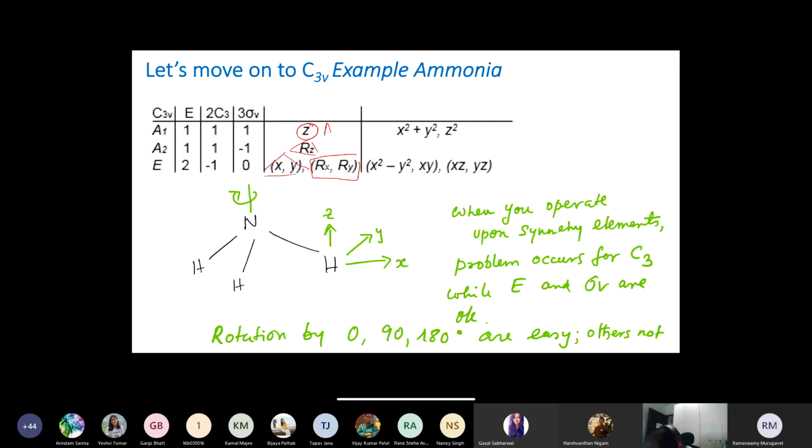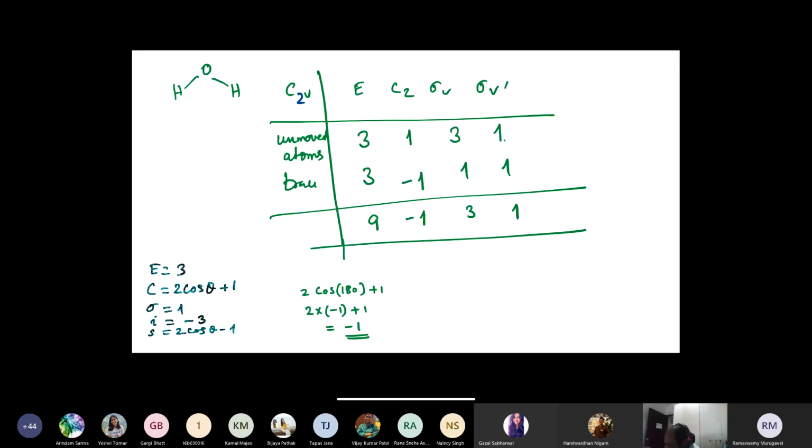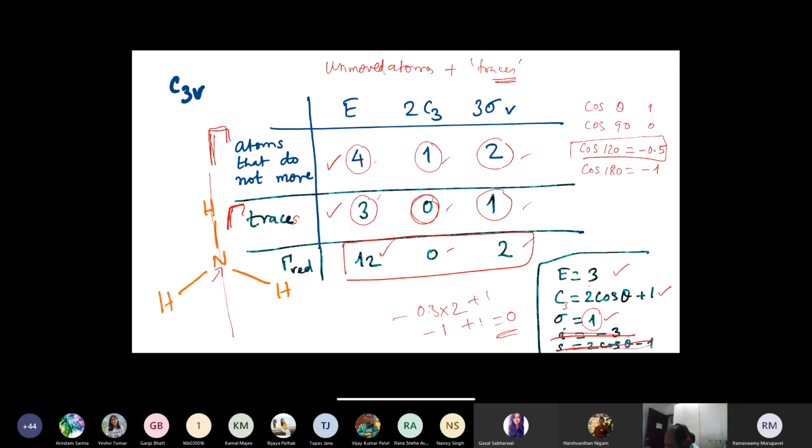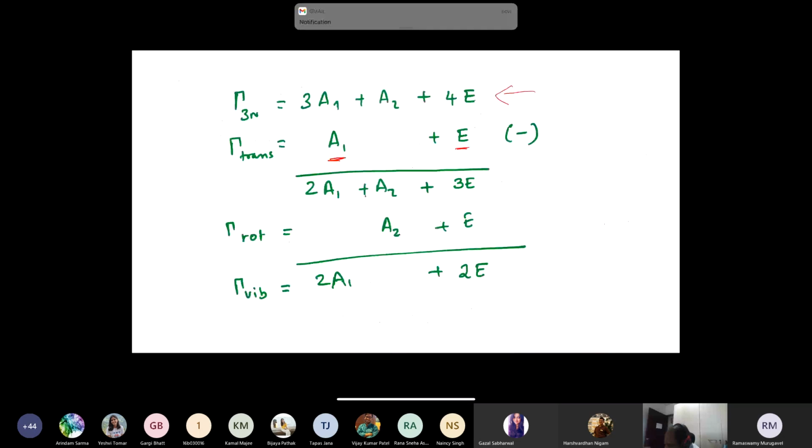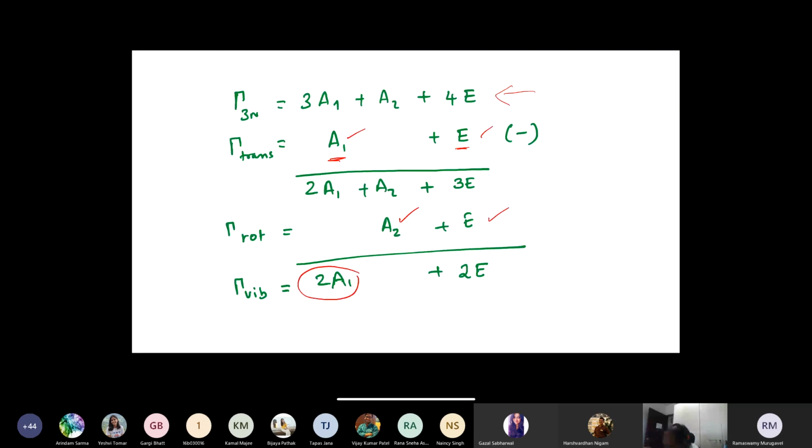This is A1. This is E. This is A2. This is E. So essentially, you have to subtract 1 A1, 1 A2, and 2 E's. That's what you have done here. So you have subtracted 1 A1, 1 E for translation, 1 A2, and 1 E for rotation. So finally, you are left with 2 A1s and 2 E vibrations. There are 4 vibrational modes.